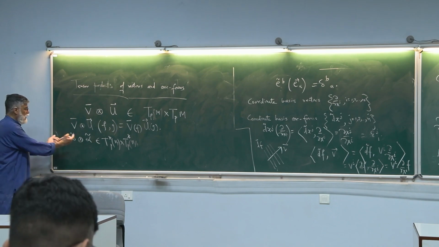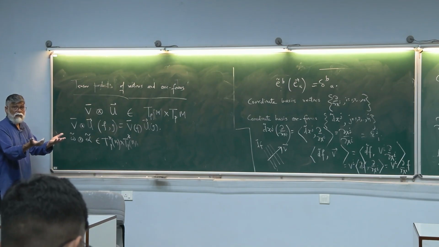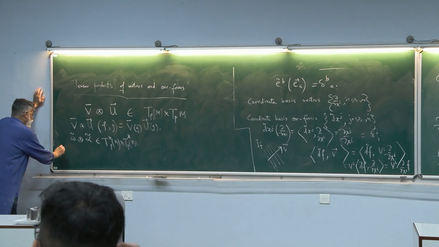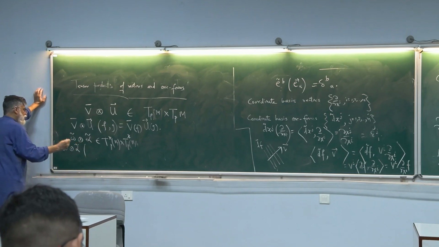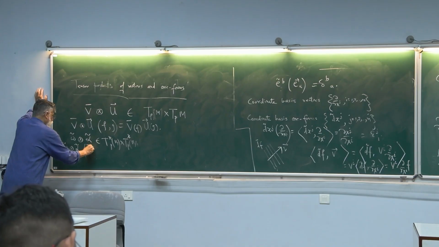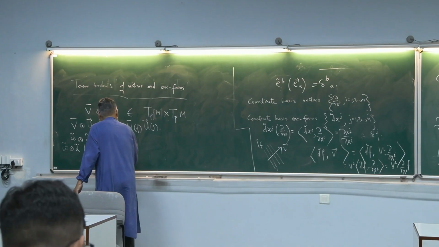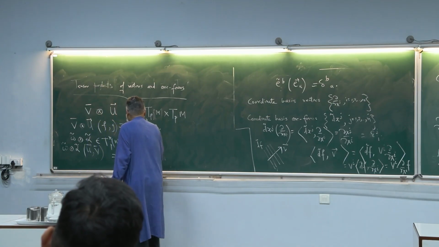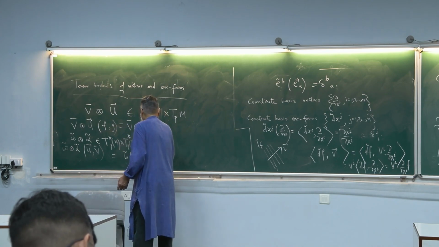So, again, tensor product of two one forms: you have to say what does it do? After all, one forms act on vectors. So, w tensor alpha, when it acts on two vectors u, v, is nothing but w acting on u, which is a real number, multiplied by alpha acting on v.